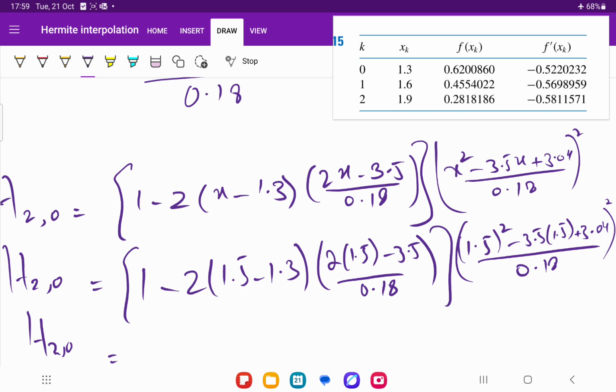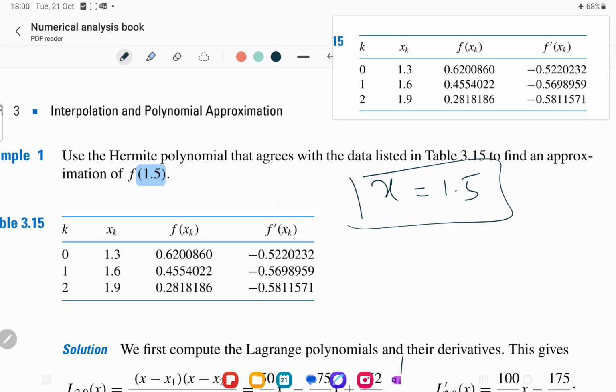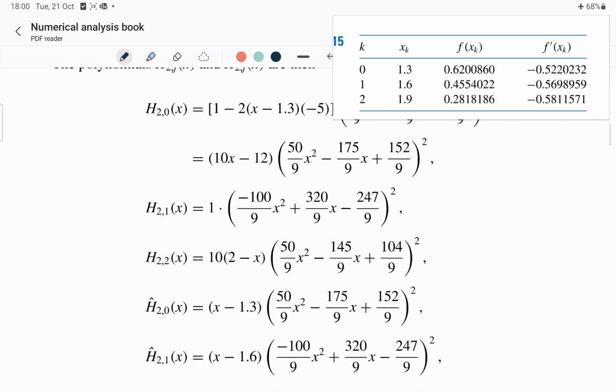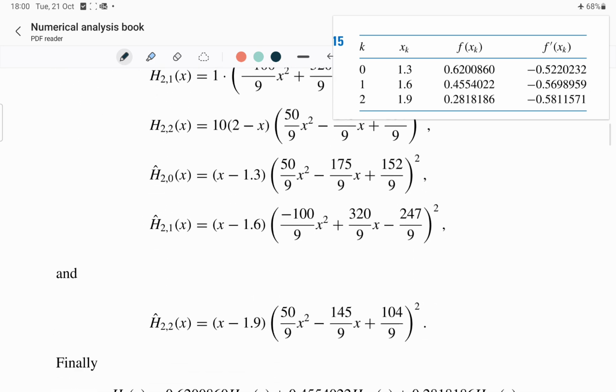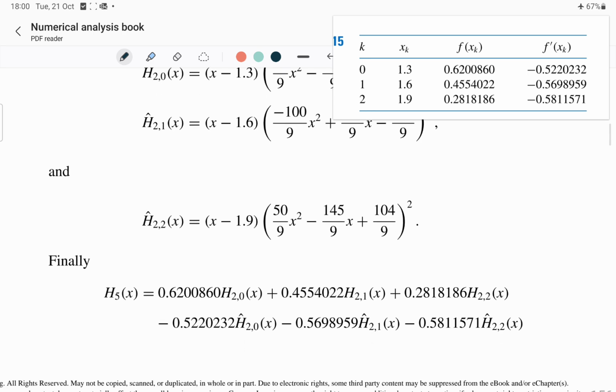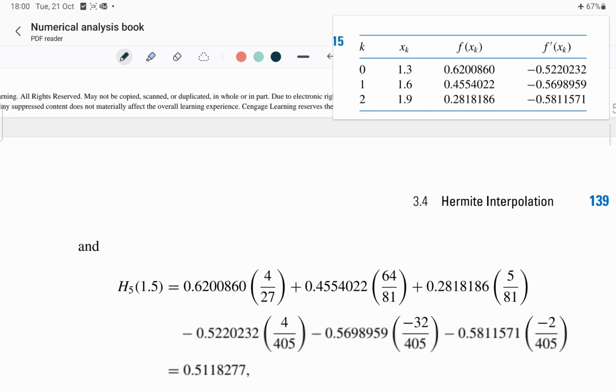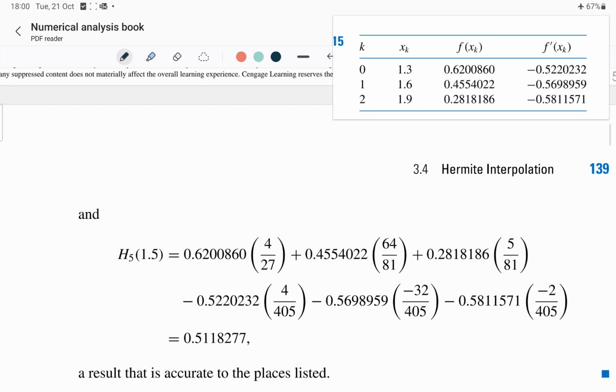It should be 208.77. No, it should be 4 by 27.